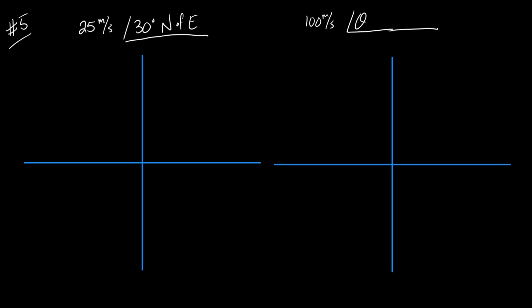So the wind, 30 degrees north of east. Starting at the east, turning towards the north, 30 degrees.